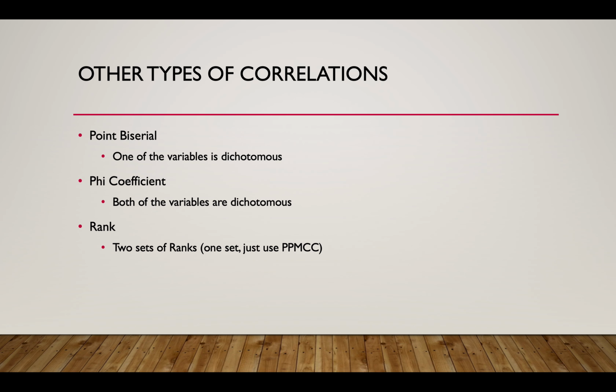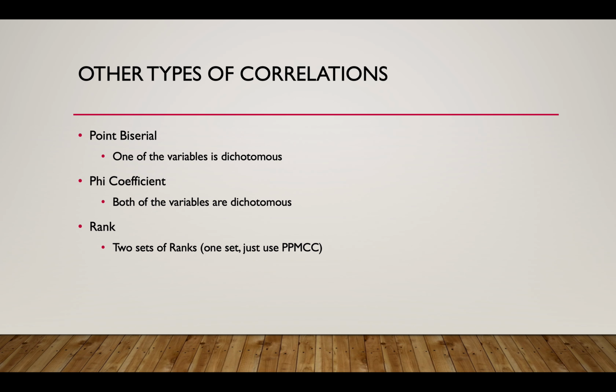And then we have rank. When we have two sets of ranks, if you have just one set of rank, so for example, if you were to correlate a person's place that they finished in the race and their time, that is one rank and then one time variable. Actually, that winds up being two ranks, doesn't it? In that case, using a rank order correlation would work.